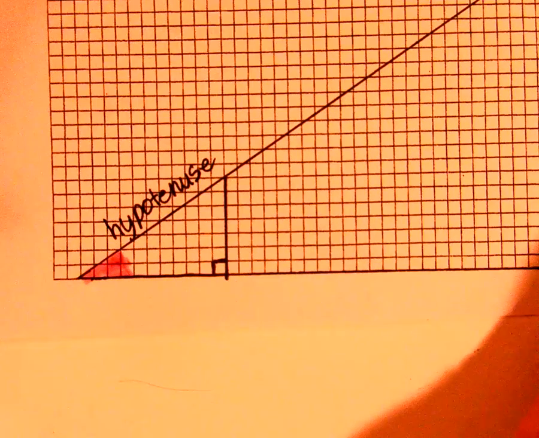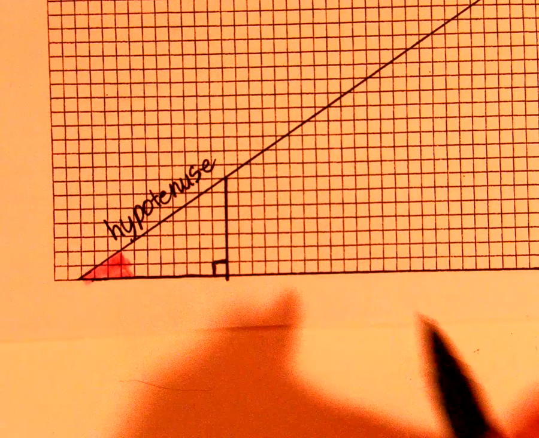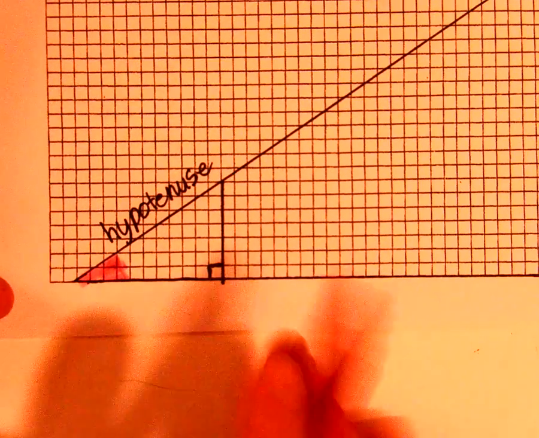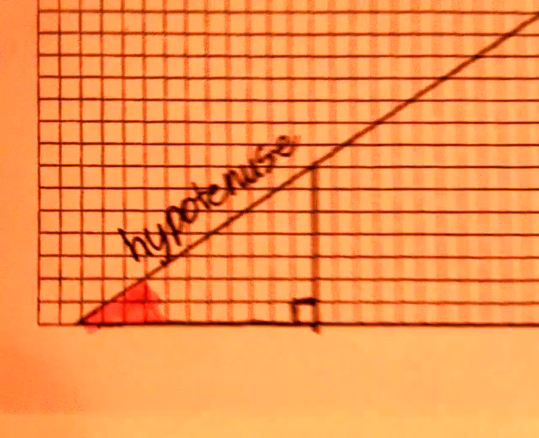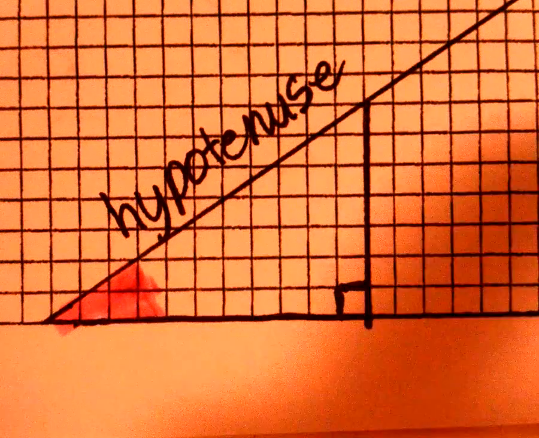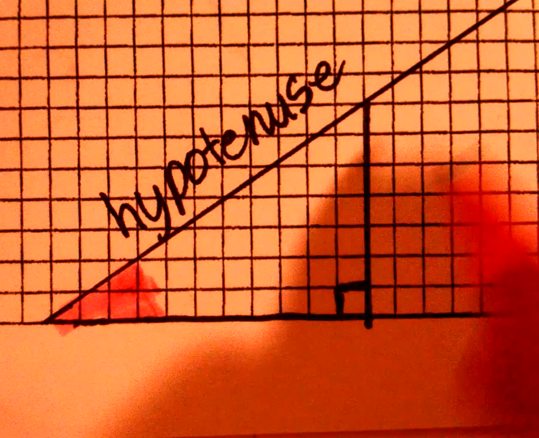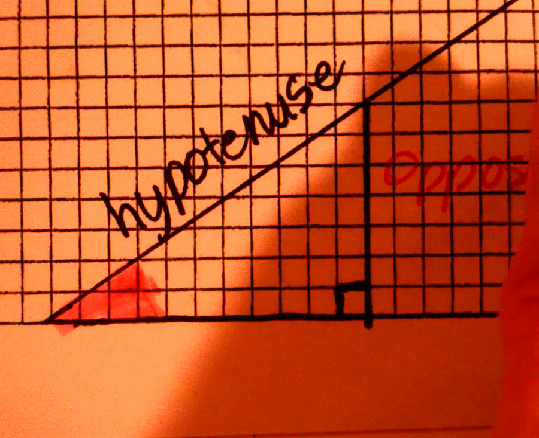Now for trigonometry, we talk about the sides, the legs, and the hypotenuse of the triangle relative to a particular angle. So first I'm going to talk about it relative to this angle that I've colored pink. Across from it, or opposite from it, is this side.